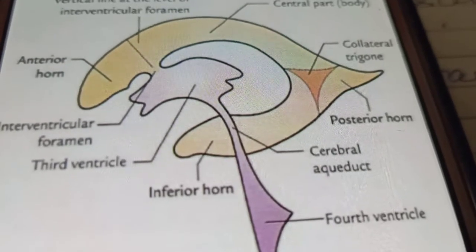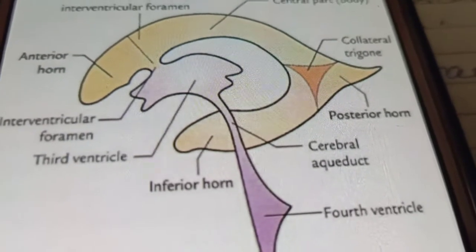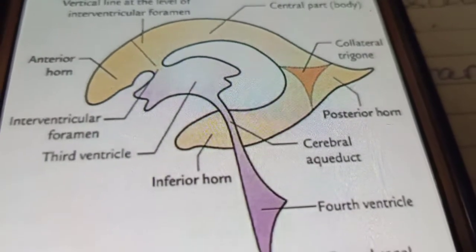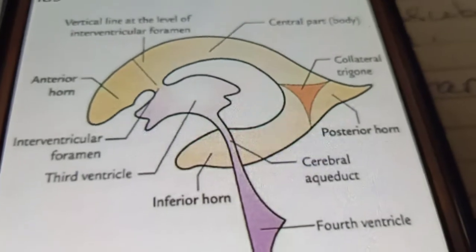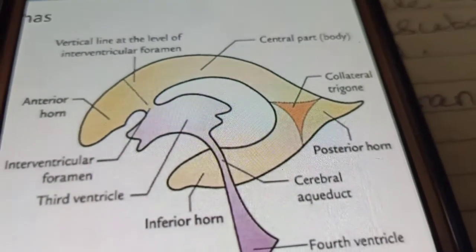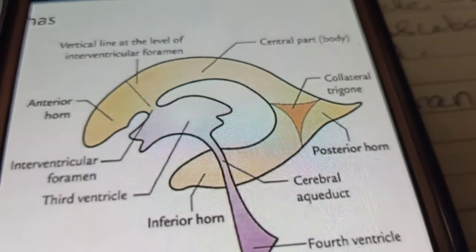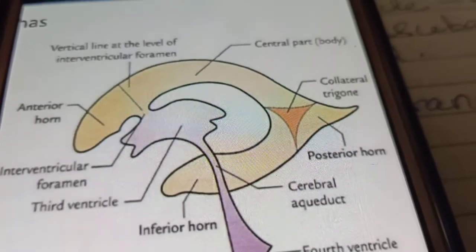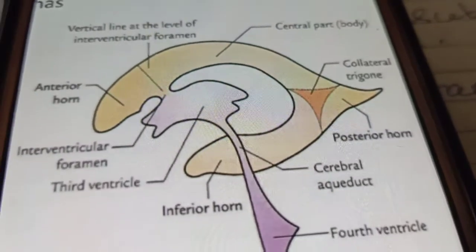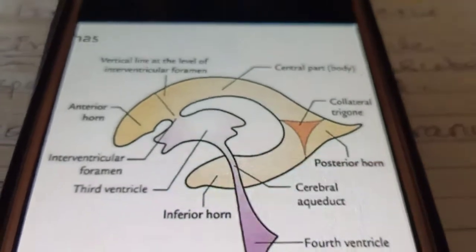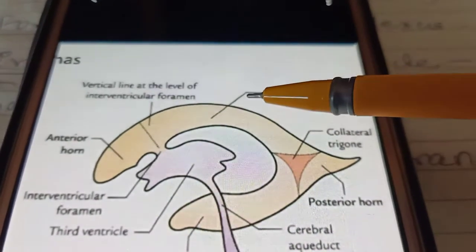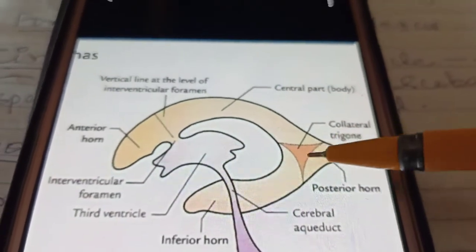It extends from the meeting point of the central part and the posterior horn to 2.5 centimeter behind the temporal pole. Suppose this is the temporal pole and this is the central part and the posterior horn. This is the meeting point where they meet.